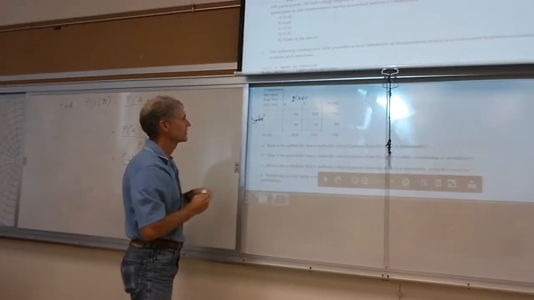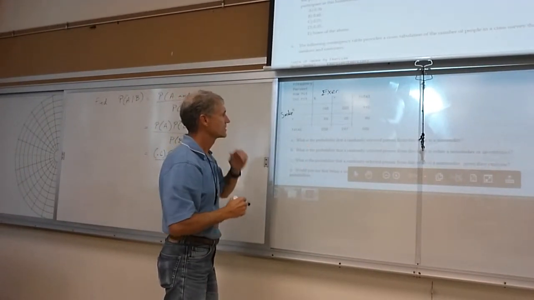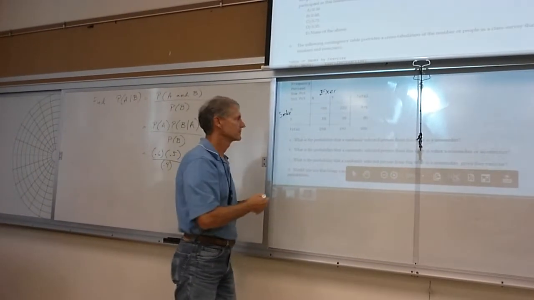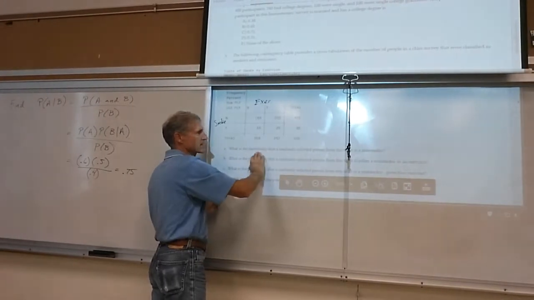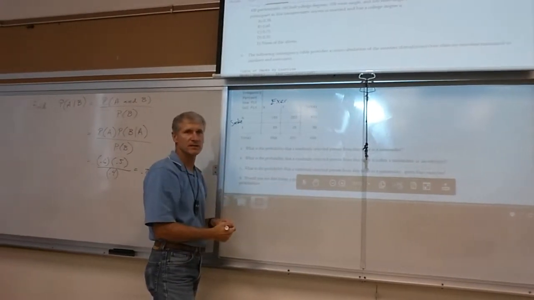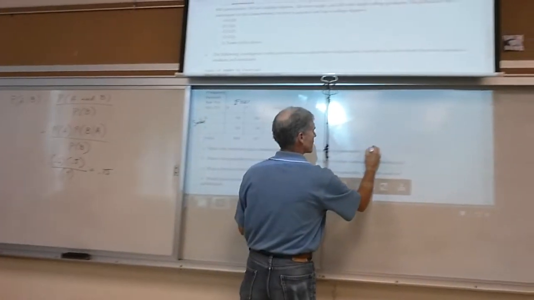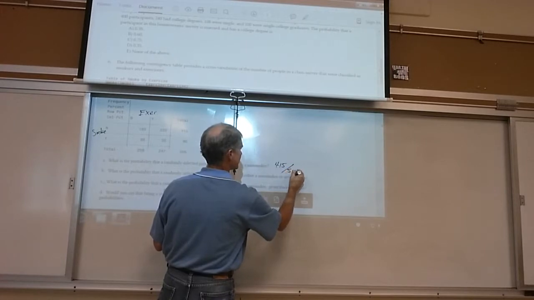So, probability that they are a non-smoker. Which two numbers do I divide? 415 divided by 505. Non-smokers, there's 415 of them. Notice that sentence says nothing about exercising, so it's a marginal total that you need. So that one's 415 out of 505.